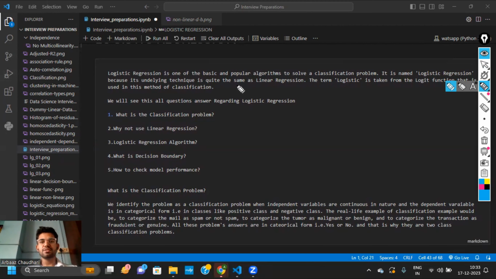The only difference is in the starting word: in linear regression there was the word linear, and over here it is logistic, and the rest of the things are the same. I would say 60 to 70% of this algorithm is the same as linear regression. Only a 10 to 20% difference is there, which we are going to see in this video.